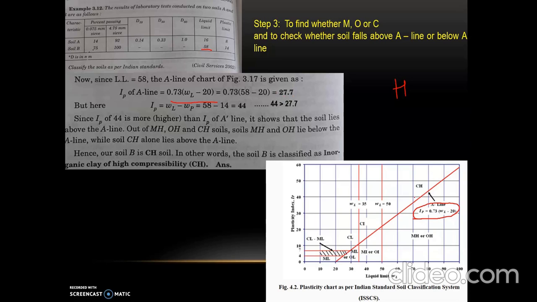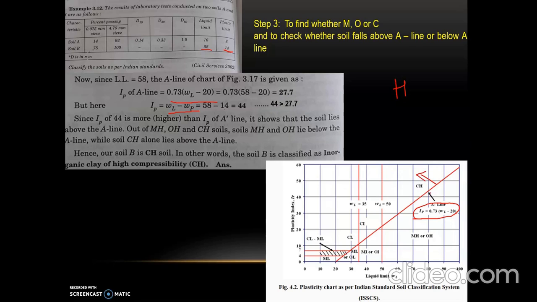So this is the IP for this A line. Now we have to find the IP for the given soil. IP for the given soil can be found using the equation liquid limit minus plastic limit. Liquid limit is given as 58 and plastic limit is 14. So 58 minus 14 is equal to 44. This value 44 is greater than the IP of the A line, so 44 is greater than 27.7. If the IP of the soil is greater than the IP of the A line, that means the soil falls above the A line.